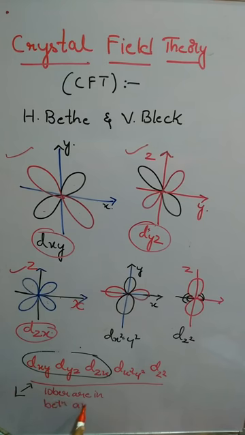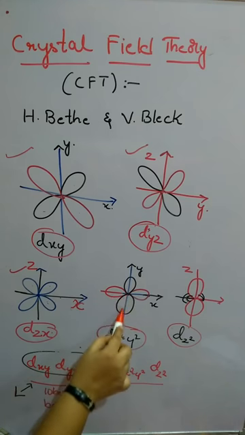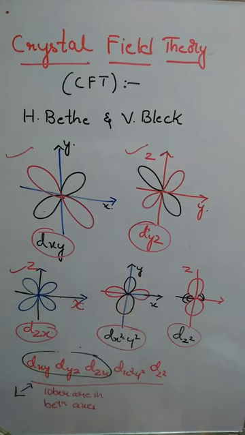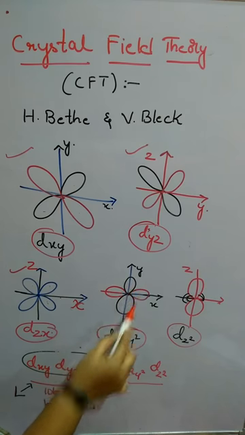What about dx square minus y square and dz square? Dx square minus y square, it is along the axis. The lobes are present along the axis.